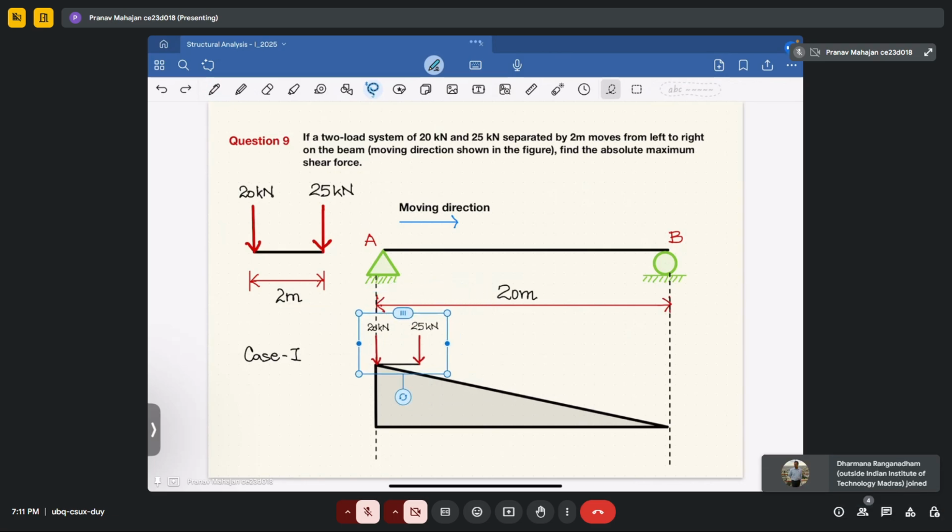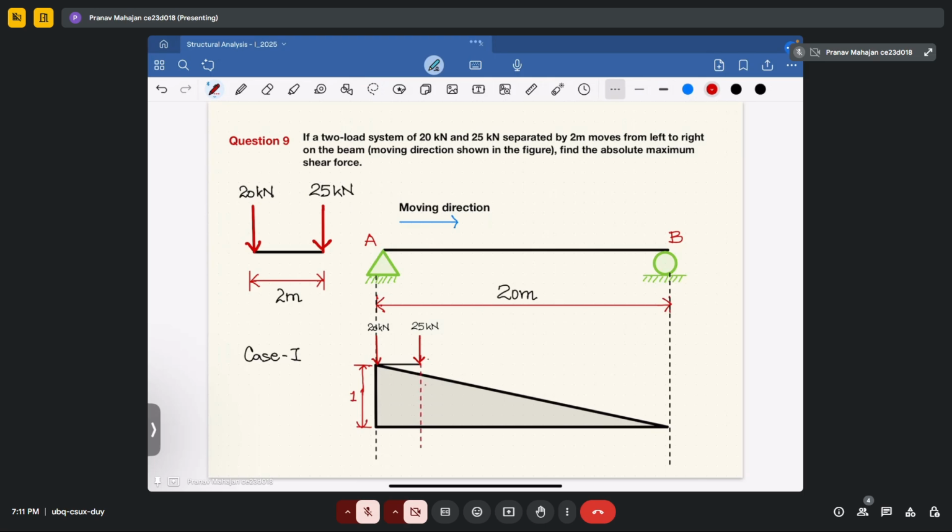Okay, now if I am placing this load assembly here, that means we are expecting the shear force at 2 points. Since we already know this value to be 1, what will be this value? This value we will calculate as, let me solve here only.